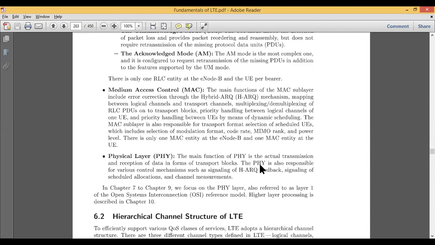Again, the physical layer is also responsible for various control mechanisms, such as signaling of hybrid ARQ feedback, right? If the data is received, it will send some kind of feedback, which can be positive or negative. Other than that, the signaling of scheduled allocation and channel measurements are done in the physical layer.